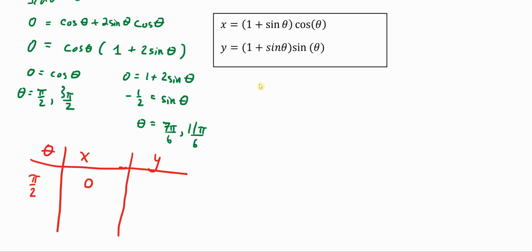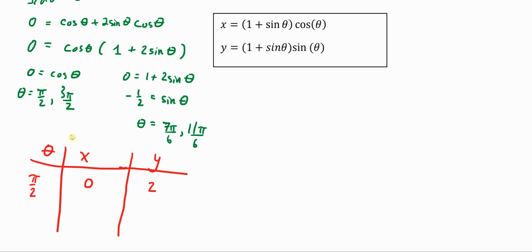And then when theta is equal to pi over 2, I'm going to have 1 plus the sine of pi over 2, which is 1. 1 plus 1 is 2. Sine of pi over 2 is also 1. So that's going to give me a grand total of 2. So one of my points where you have a horizontal tangent is going to be 0, 2.